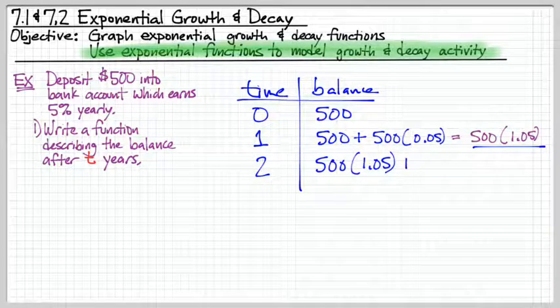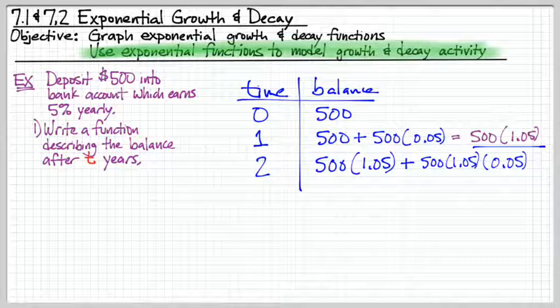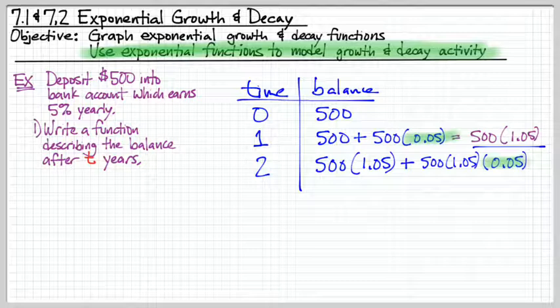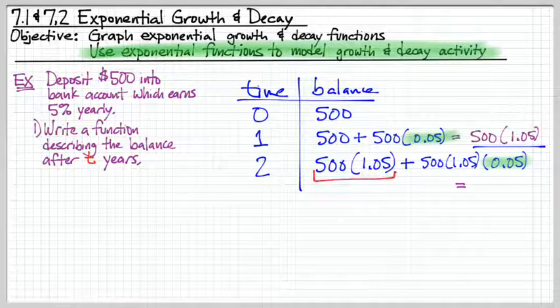And now we earn interest on that amount. So now we have $500 times 1.05. That's how much we had in the bank at the end of the first year. And now we earn 5% interest on that. So let me just highlight the interest portion here. If I combine this, I have this common factor right here.